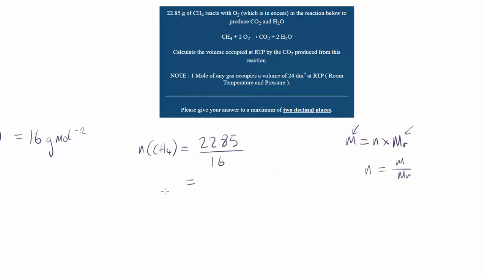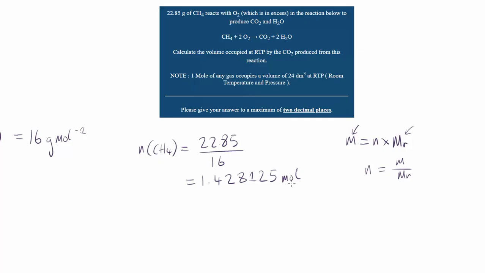And so if you have a go at working that out, then you should be able to get what our number of moles is going to be. Okay, so if you had a go at that, you should have found that you get 1.428125. Okay, and that's going to be in moles, right?